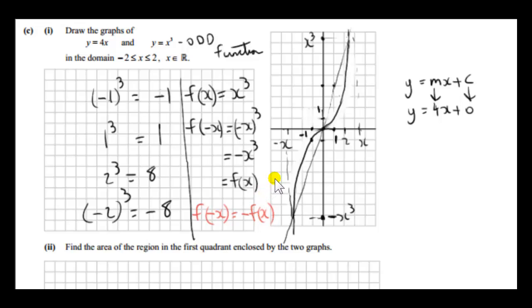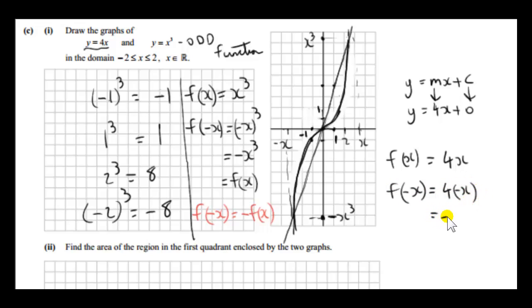So basically, this part of the graph will have the same shape as this part of the graph here. The line is also an odd function. If we call our line f of x, y equals 4x, we work out f of minus x, we get 4 times minus x, which is minus 4x. But minus 4x is just minus f of x. So f of minus x is minus f of x.